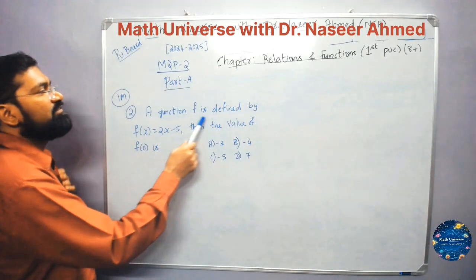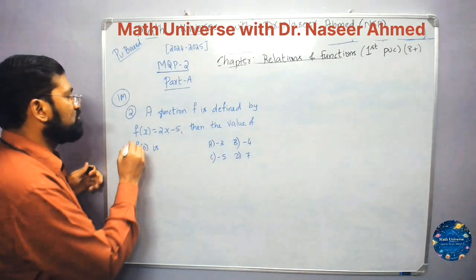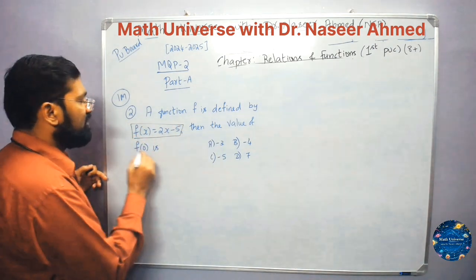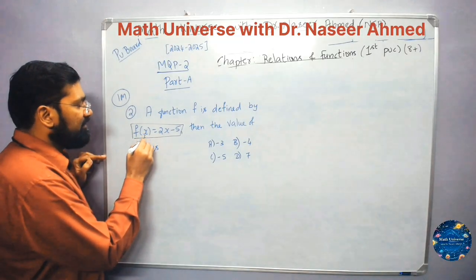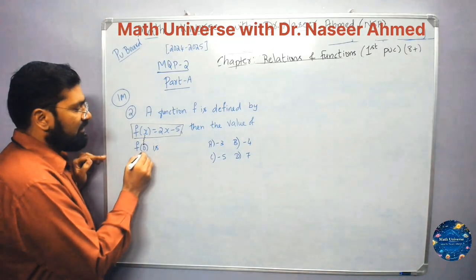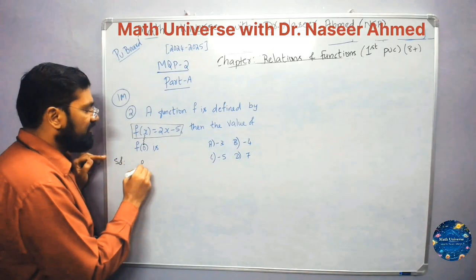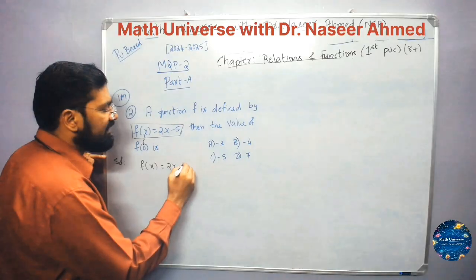A function f is defined by f of x is equal to 2x minus 5. Then the value of f of 0 is, see, in place of x, what do we have? 0. So the pre-image is 0. I have to find the image, correct? So f of x is given as 2x minus 5.